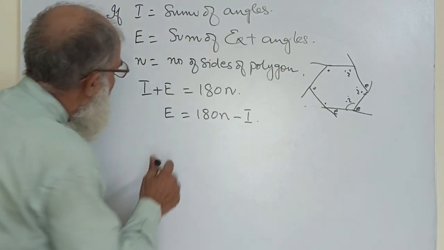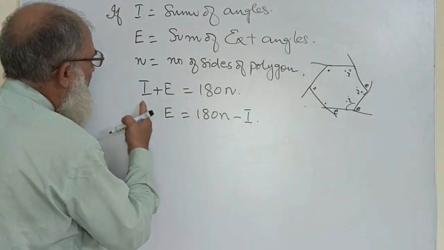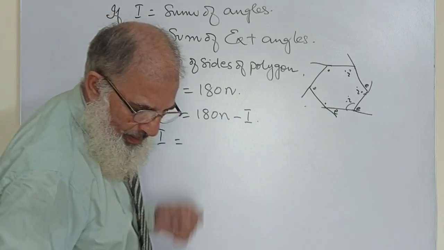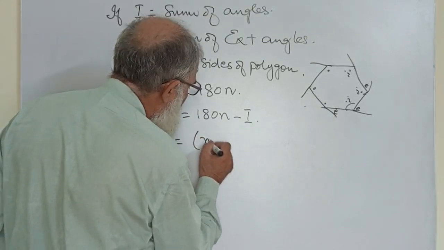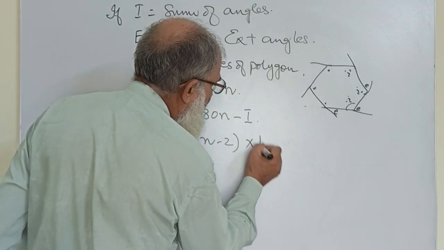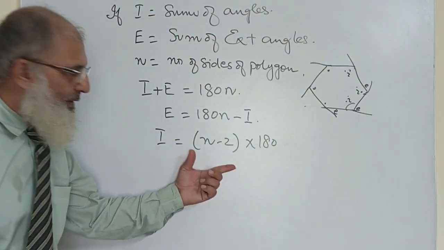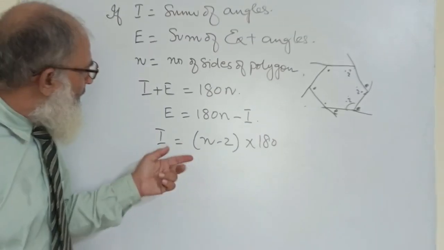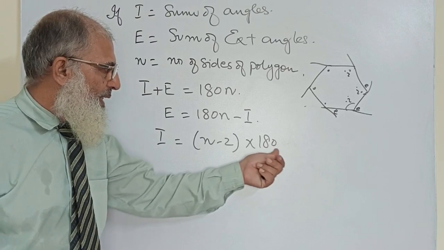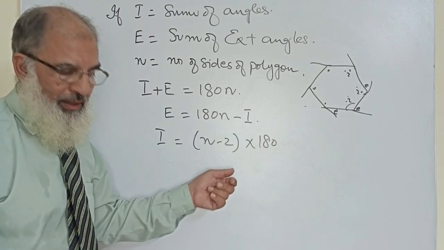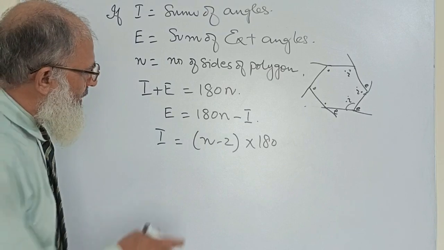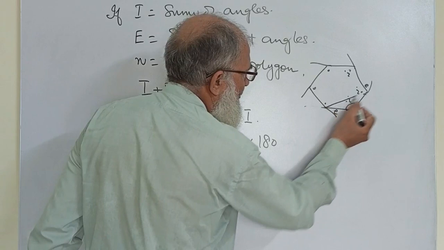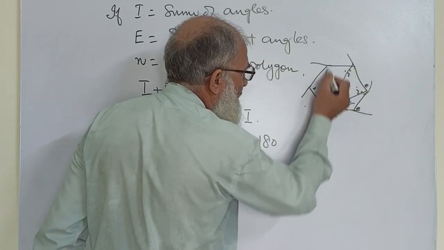So what next? We also know that I is equal to n minus 2 multiplied by 180, just as I did in the pentagon and hexagon. In our last example also, we made triangles like this, 1, 2, 3.